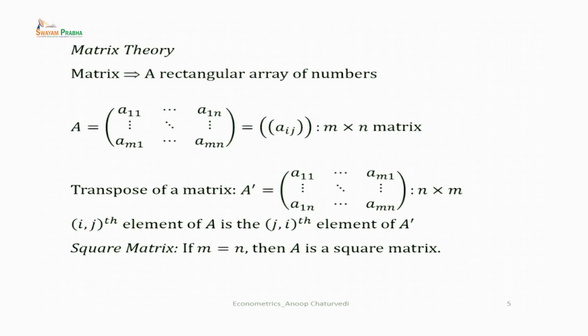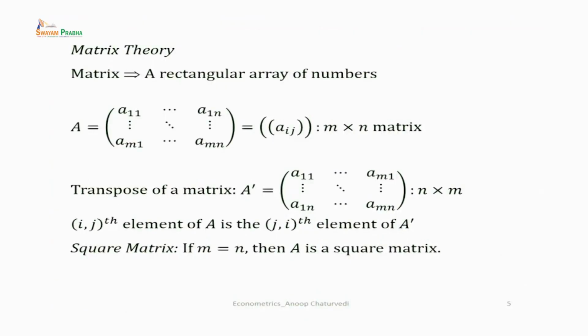Now, we define a matrix. Actually, a matrix is a rectangular array of numbers. So, suppose you have mn numbers: A11, A12, so on A1n, A21, A22, so on A2n, and so on Am1, Am2, so on Amn. We arrange these numbers into, say, m rows and n columns. So, the first column has numbers A11, A21, so on Am1 and so on.